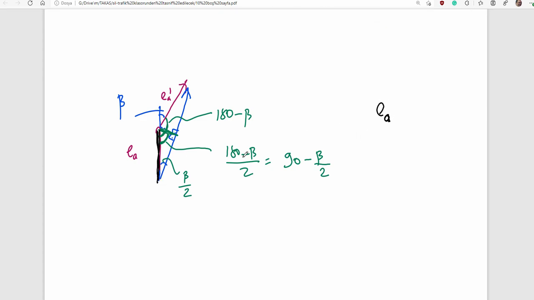EA times cosine beta half, this guy, and double of it is the vectoral summation.